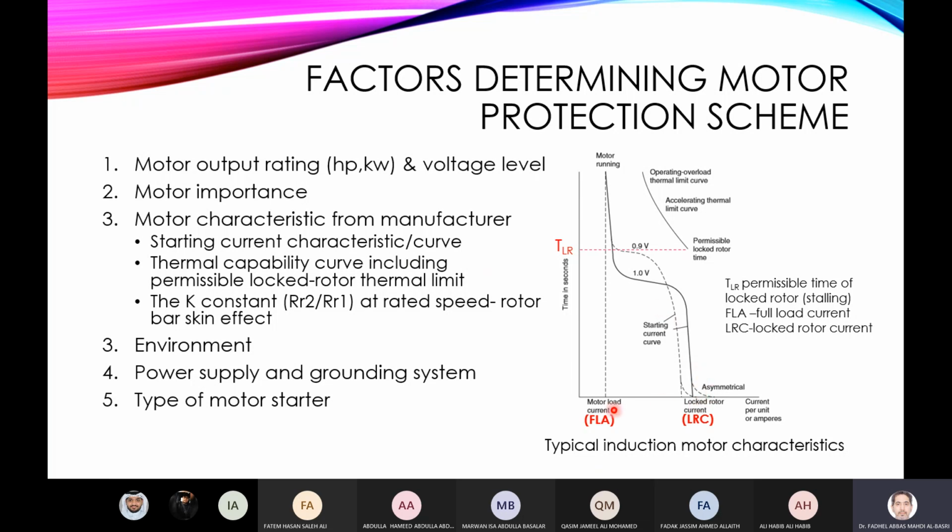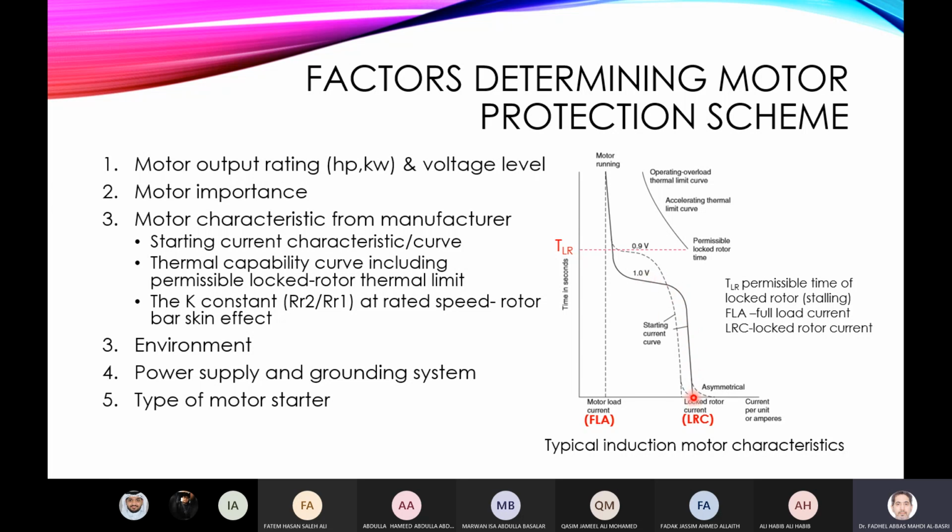On this curve, the x-axis is the current, and the y-axis is the time in seconds. When you start a motor, it will draw very high current. This current is referred to as the locked rotor current, when the rotor is locked, stationary, before you start it and you apply rated voltage, 1 per unit voltage.